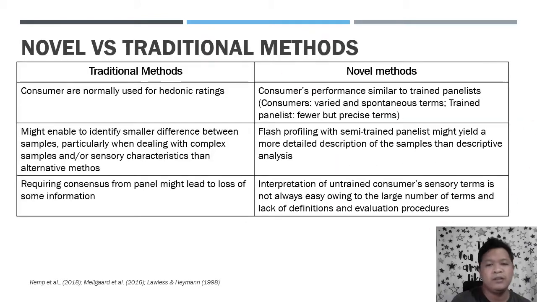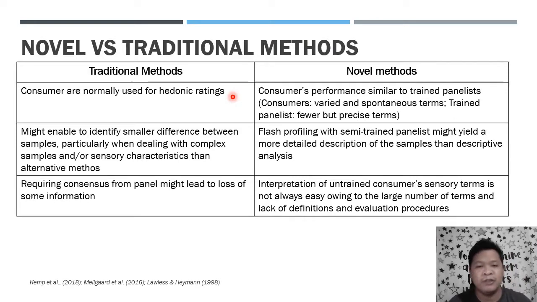So even though each method is different from the other, generally yung categorization ng novel versus traditional methods ay merong something in common lahat ng traditional methods as well as yung novel methods, ganun din. So in terms of how they treat consumers, traditional methods typically limit consumers to hedonic ratings and exclude them at all from descriptive sensory evaluation per se.